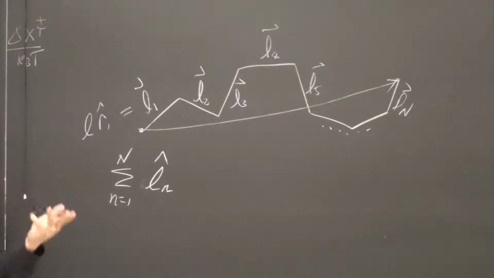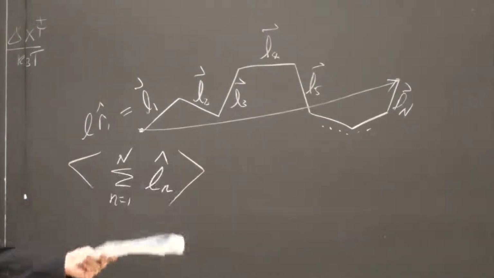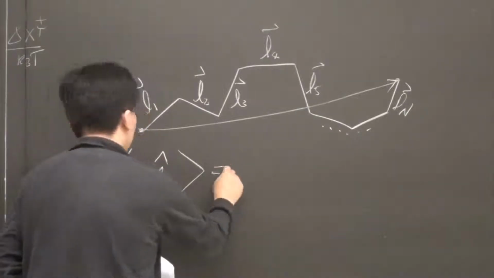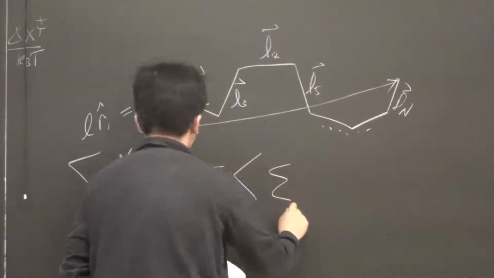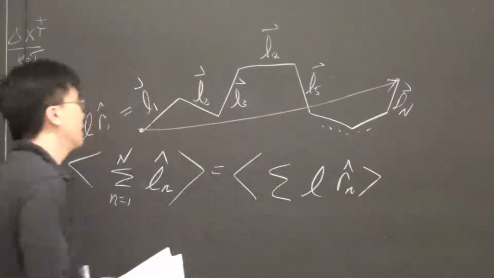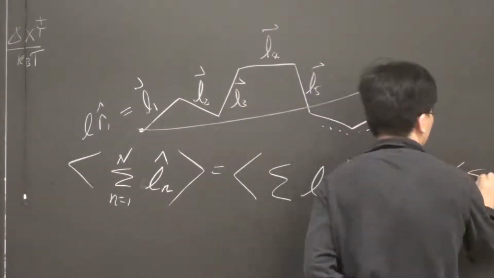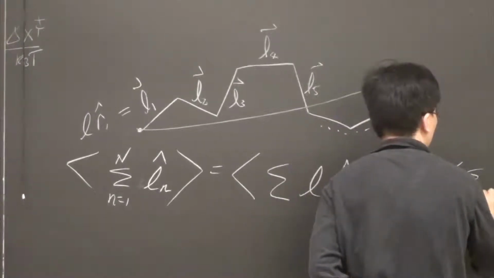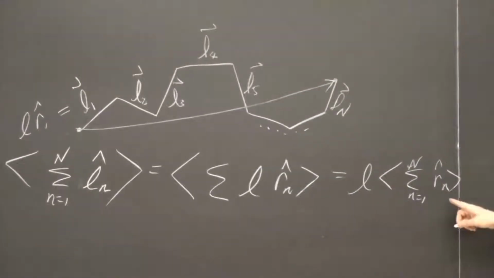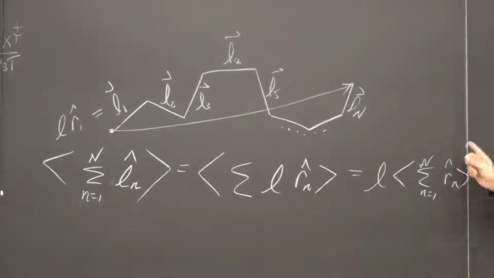Then I have the average of all possible configurations, right? So I'm doing the averaging of all possible configurations of the chain, and then if I rewrite this, I get this. But what I'm doing is averaging basically all of these vectors over all possible configurations.